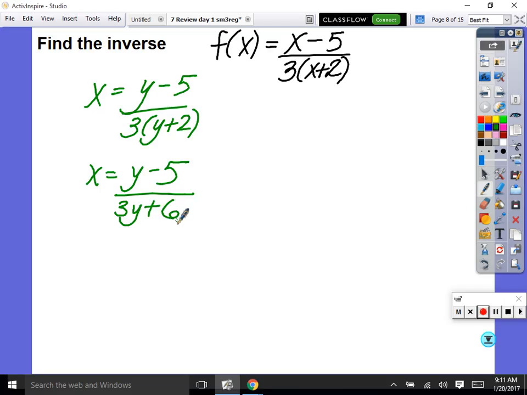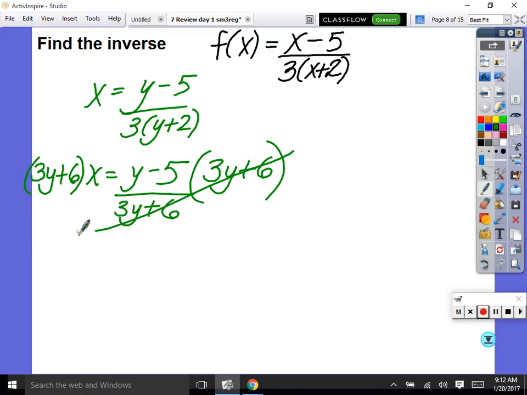Is that true? Yes. Then what did we do next? We don't want to deal with fractions. Good. So multiply by 3y plus 6 to both sides, but we need parentheses. Divides out over here. So now we would distribute x through, right? 3yx plus 6x equals y minus 5.